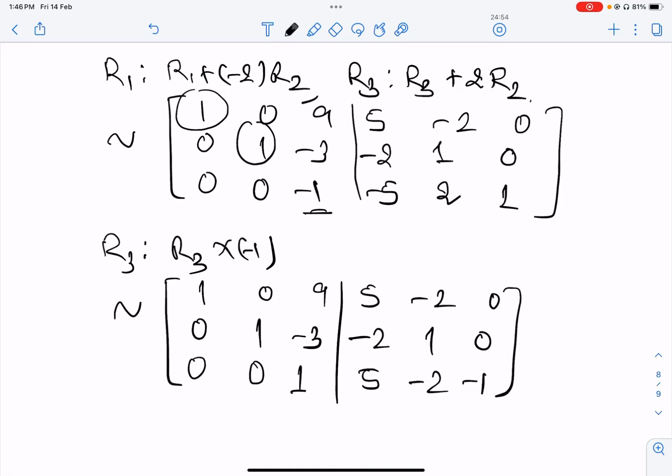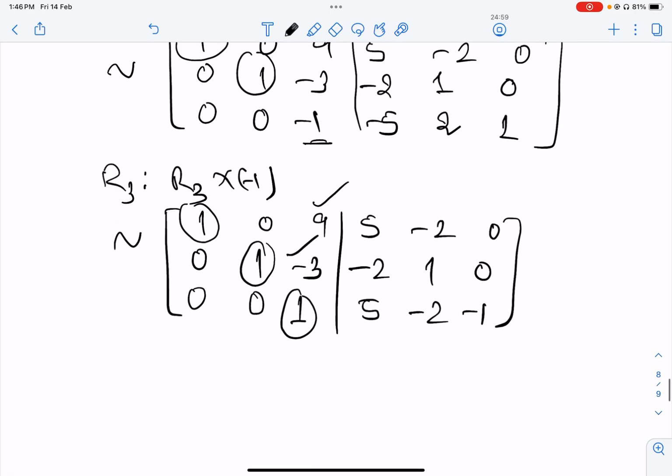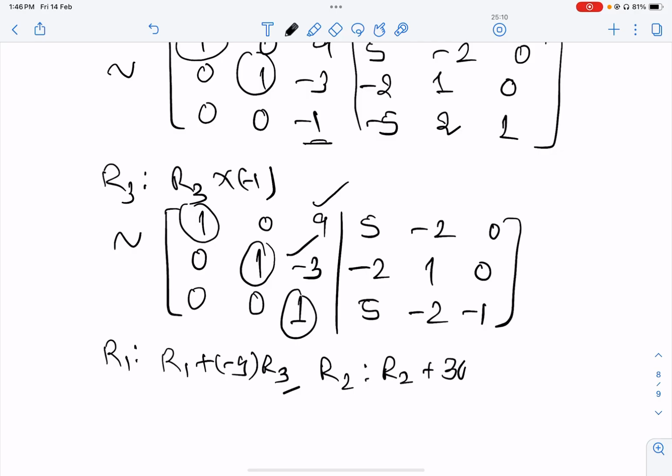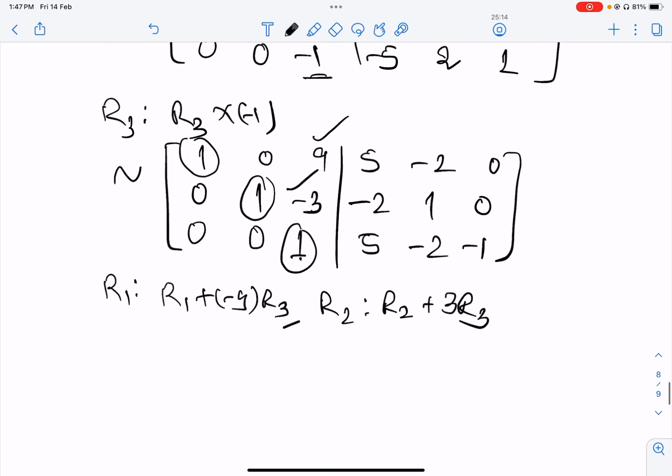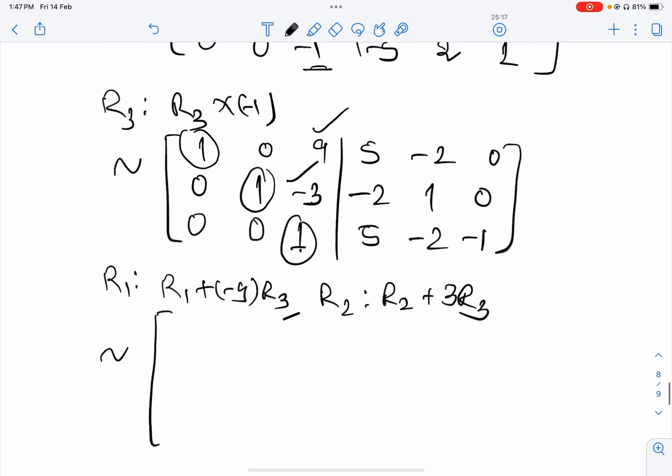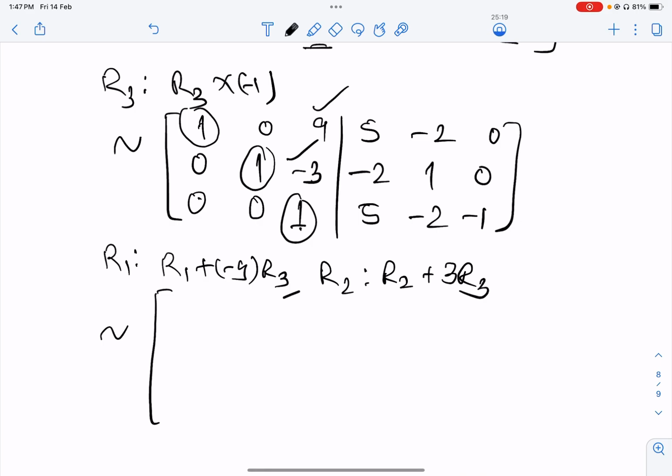Now here we have 1, so make this true entry to be 0. So R1 plus minus 9 times R3, R2 plus 3 times R3, 3 minus 3, 0, minus 9 plus 9. So let us see. This is 0 and 1, so 1, 0 and 0, 0, minus 9 plus 9, 0.